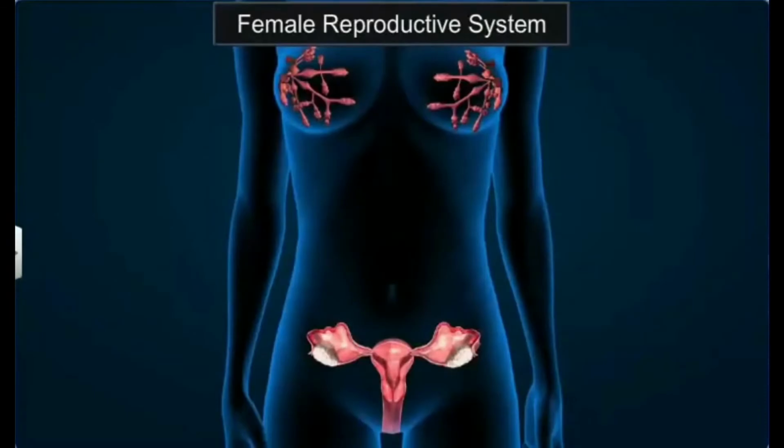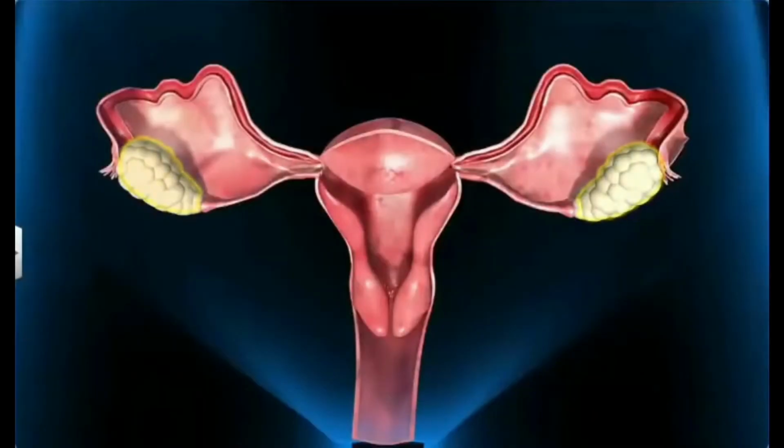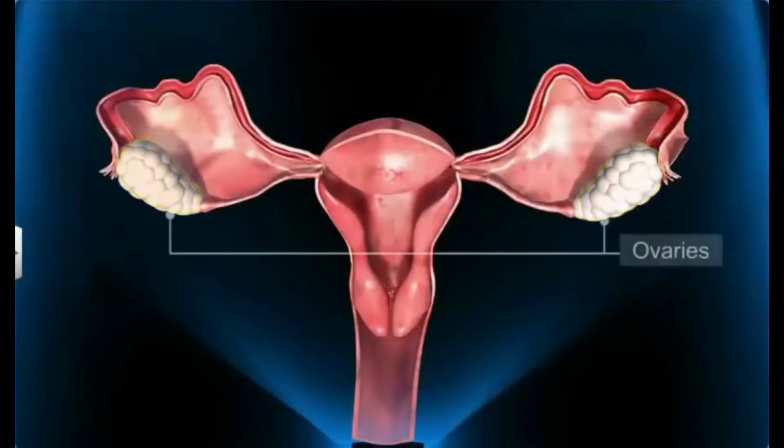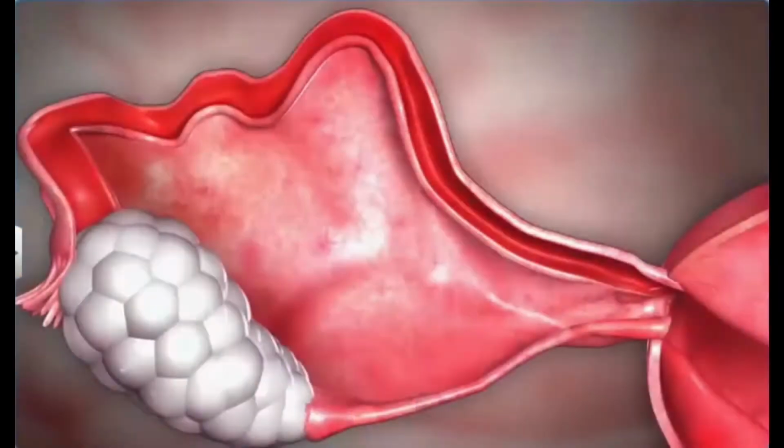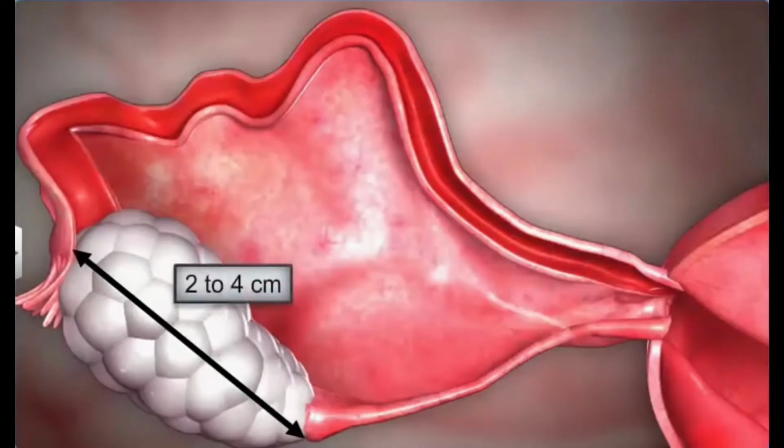The female reproductive system includes a pair of ovaries located one on each side of the lower abdomen. They are the primary sex organs as they produce the ovum or the female gamete. Each ovary is about 2 to 4 cm in length.